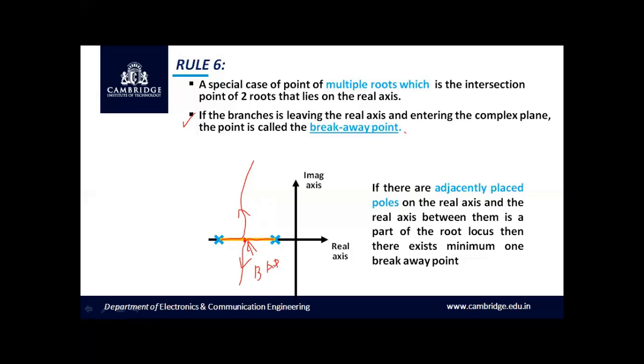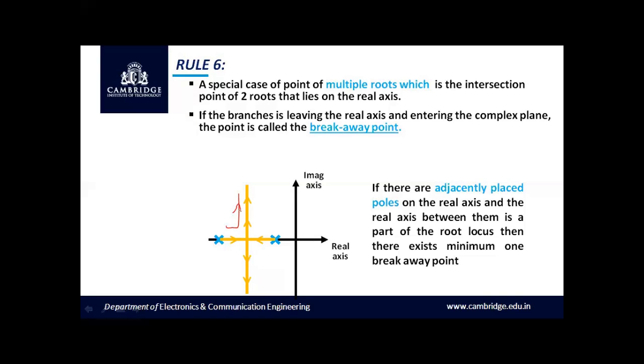Hope you could understand that each and every word specified in the rules has a very beautiful meaning behind it. So you have to be focused and concentrate on each and every word I try to convey to you. Hence, there exists a breakaway point, so I can specify the direction of the branches with an arrow mark. From this pole, it is moving in this direction.